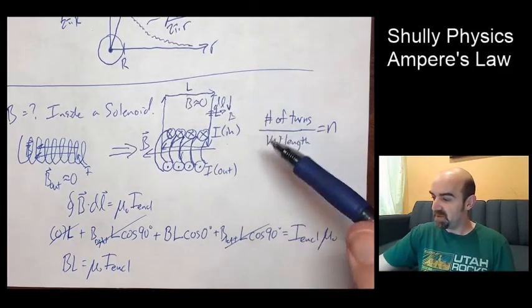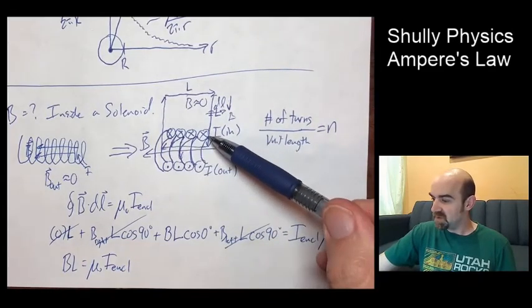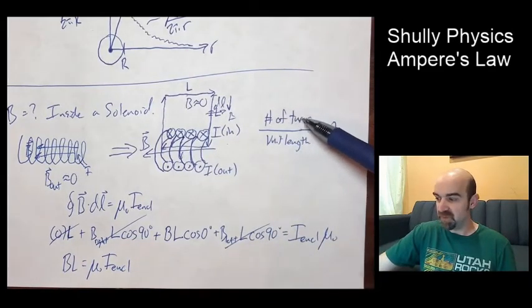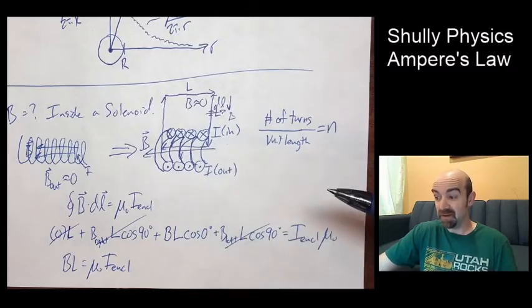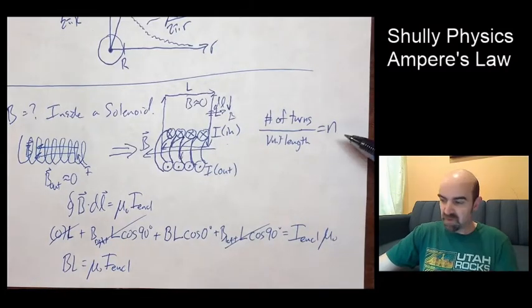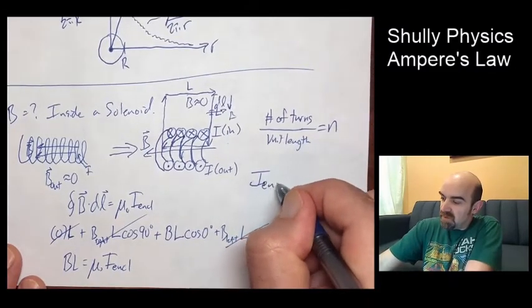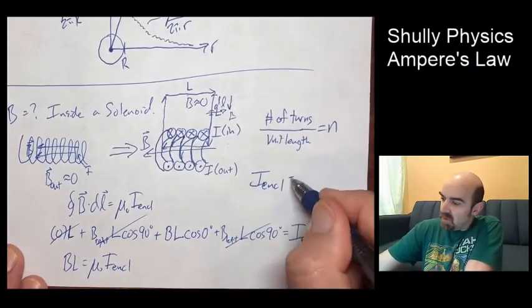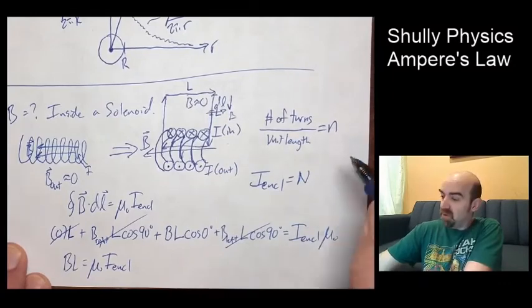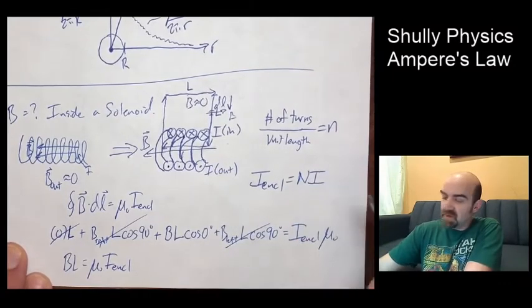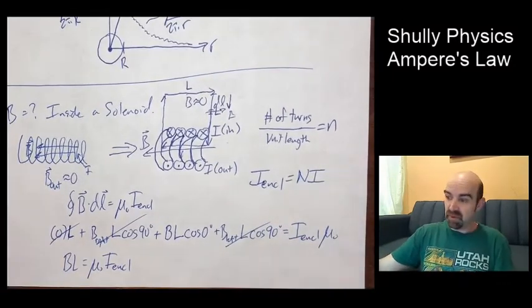All right. So our last piece of this little puzzle here is what is the I enclosed? Well, if I have 4 segments and there's 4 turns per this unit length L, then the I enclosed would be just those number of coils times the current through each one. They have the same current flowing through each coil.